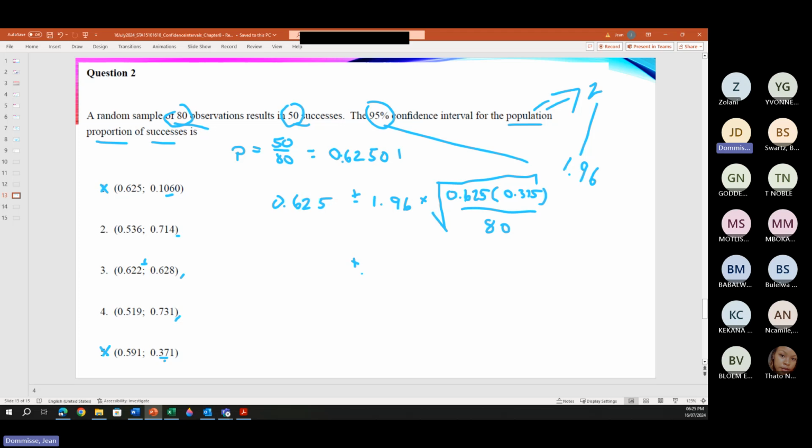Okay, so let me just, on my side again, with my calculator, first do 0.375 times 0.625. That gives me 0.2344. I divide that by 80. I get 0.0029. And if I take the square root of that, I get 0.0541.